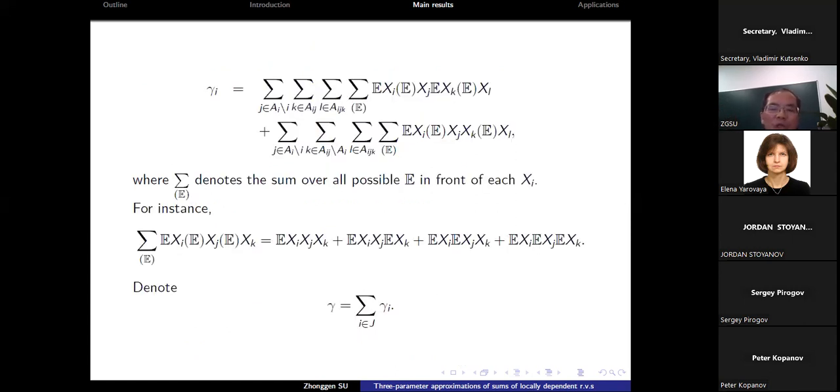Finally, we need another notation, gamma. Small gamma is actually the sum of the first 4 moments of xi.